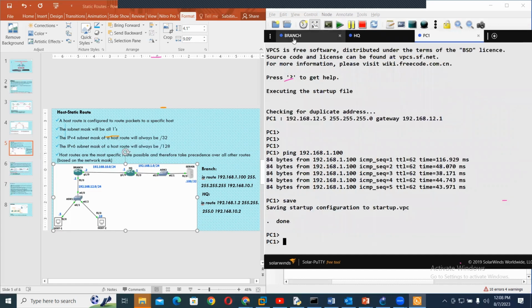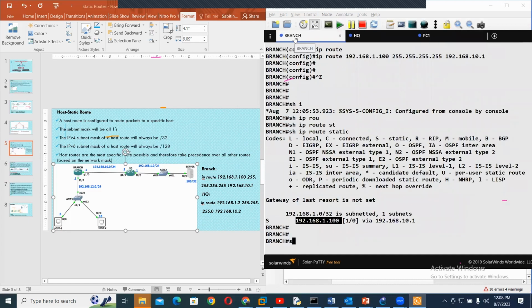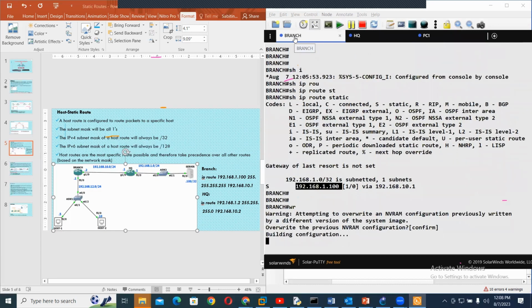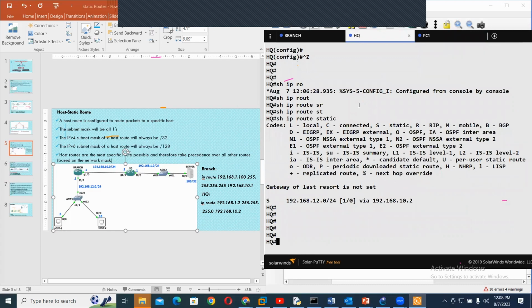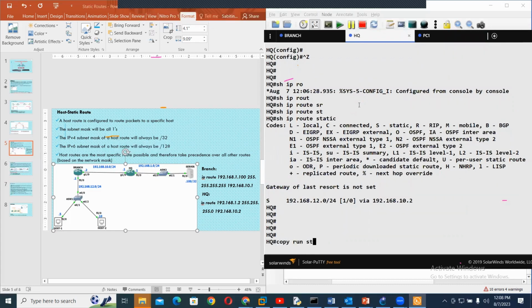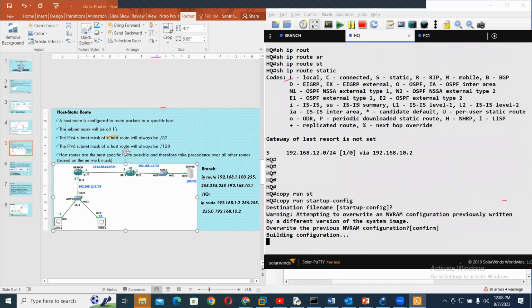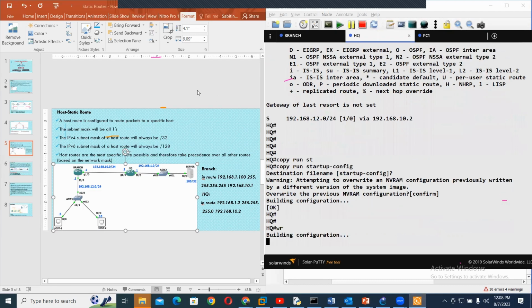Save. You can save by doing copy run start, or you can just type write. Okay.